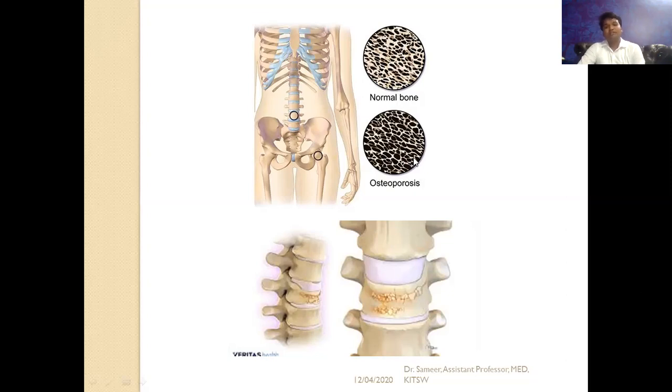Whereas the osteoporotic bone is weak in nature, and this tendency is generally observed in the spines of patients. So this kind of osteoporosis condition has led to damage to the spinal bones of patients.